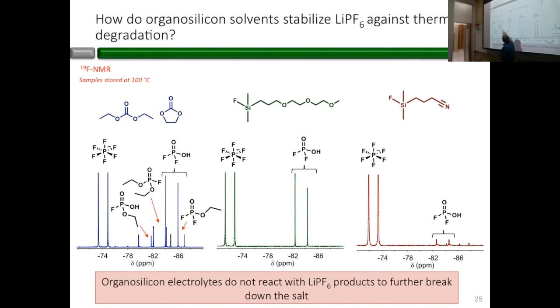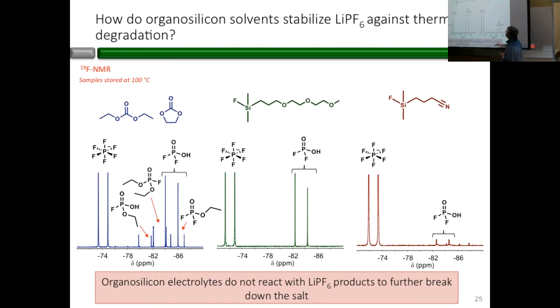So here is again a diethyl carbonate, ethylene carbonate mixture, and you can clearly see that you have a lot of different decomposition products. If you go to this Gen 2 compound, where we put in a silicon and replaced the oxygen with this 3-carbon spacer, you have dramatically reduced the number of decomposition products, and you have something really clean.